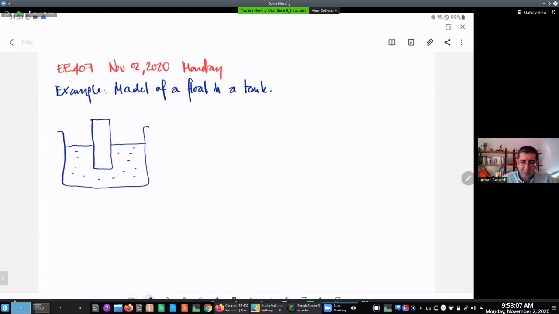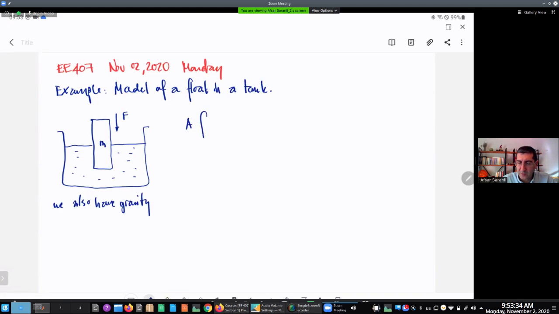And this object has mass m, and we apply a force F to this object, and also there is the effect of gravity. Okay, so let me phrase this model.